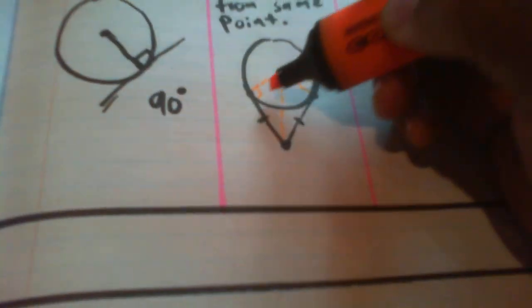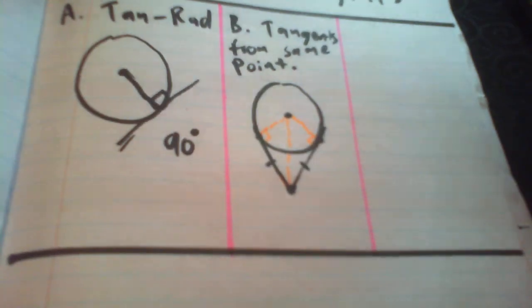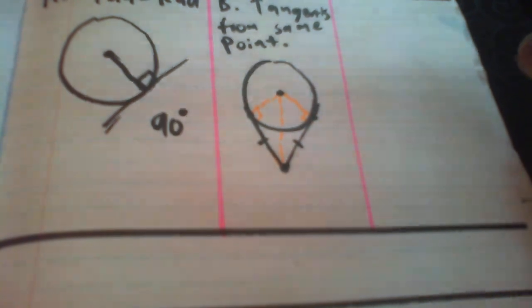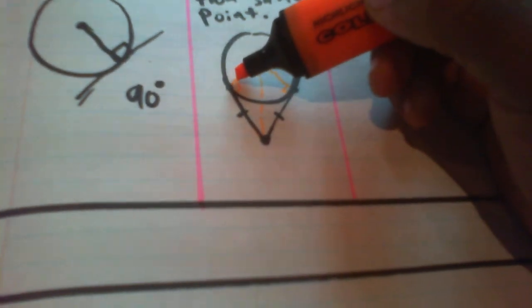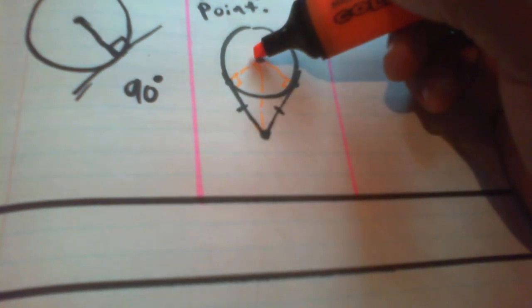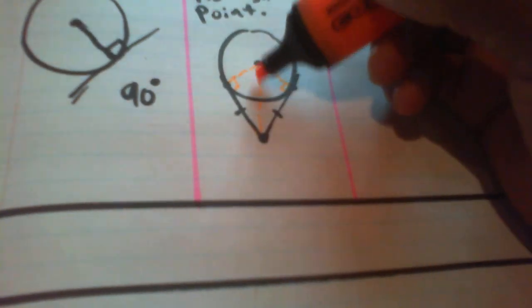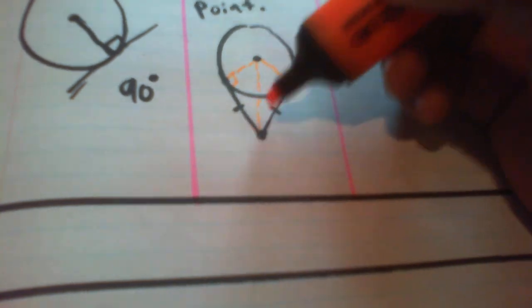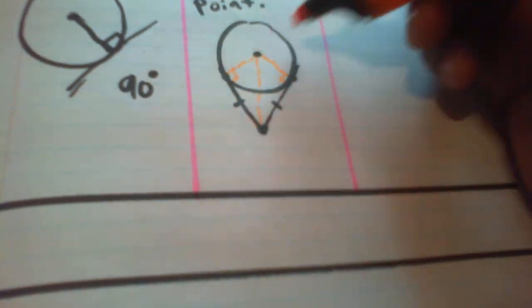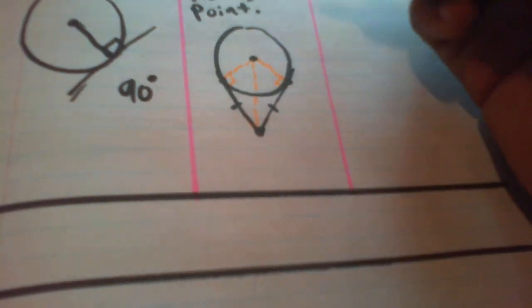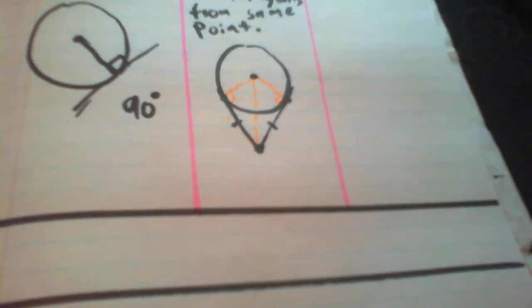This one is also 90 degrees, it's the tan radius theorem. So what do you have here? You have your 90 degrees. You have the radii, which are equal, and you have a common side, which is also the hypotenuse. So you've proved RHS. That's why those two are now equal.